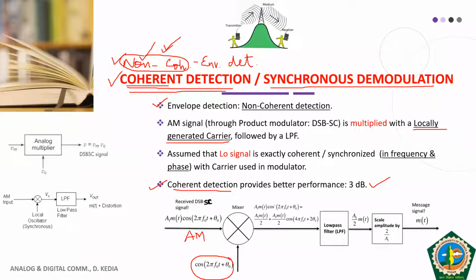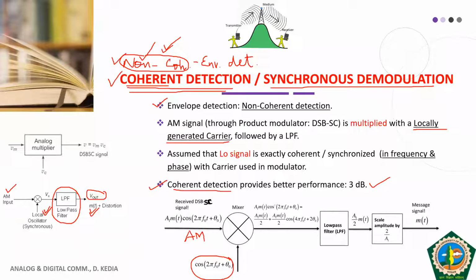If you look at the block diagram on the left-hand side of your slide, we have the AM input, which is multiplied or mixed with a local oscillator signal, which provides the locally generated carrier signal. We multiply them together, then pass it through a low pass filter, and at the output we get the demodulated signal back.